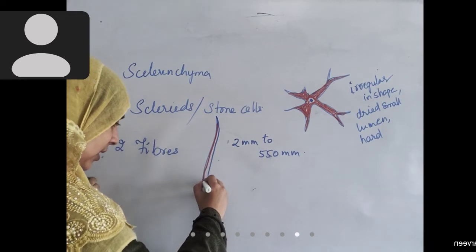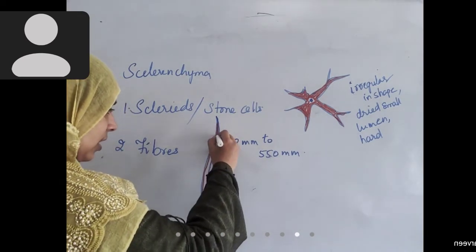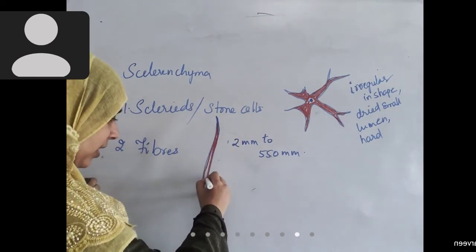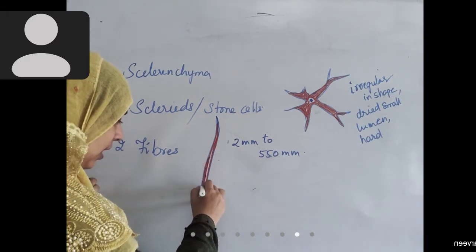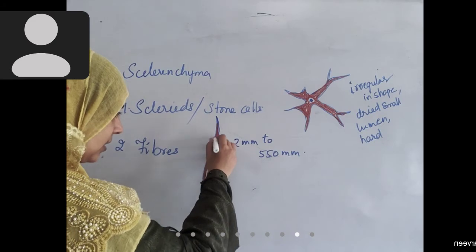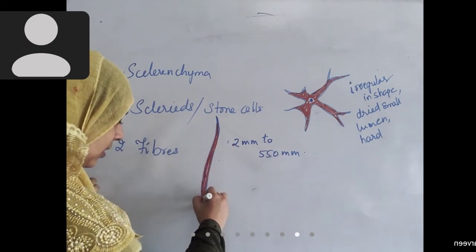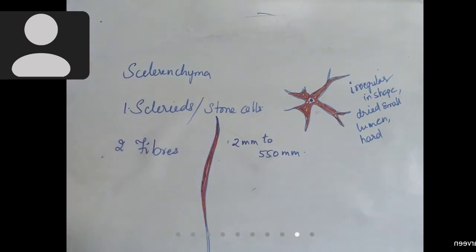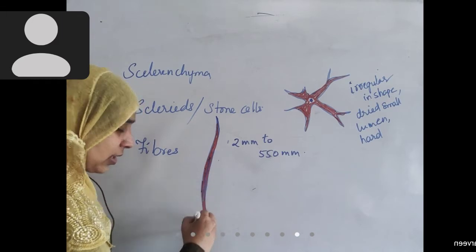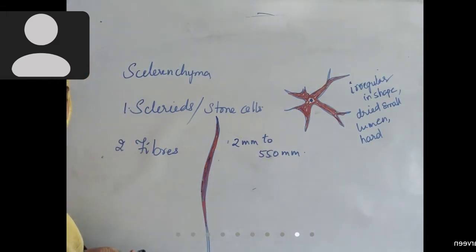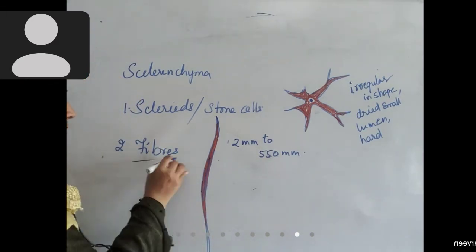Inside this you can see that secondary cell wall is deposited and almost no lumen, very much less, dried lumen. Like this you can see secondary cell wall depositions, leaving a very small lumen inside. This is the lumen that is present. Right? Okay. That is about fibers.